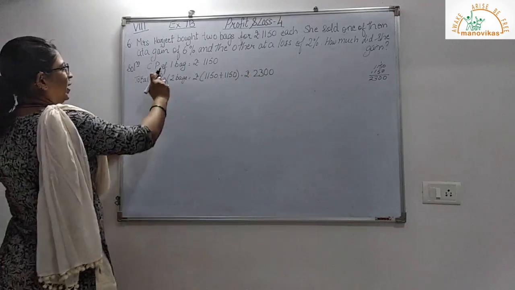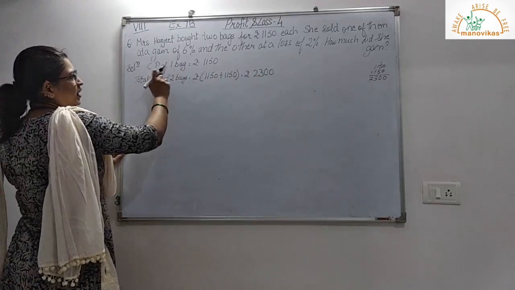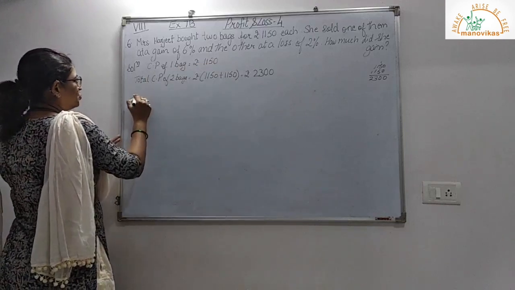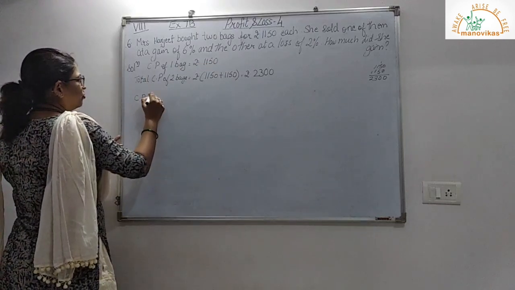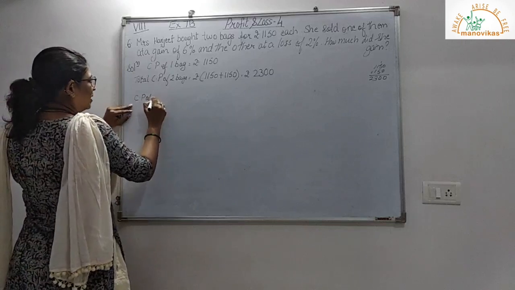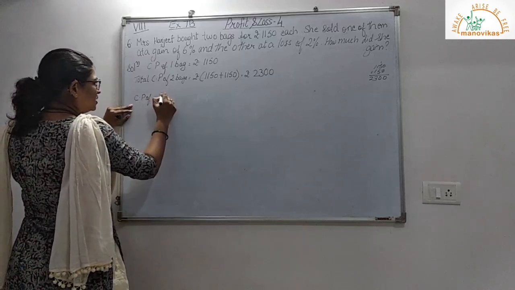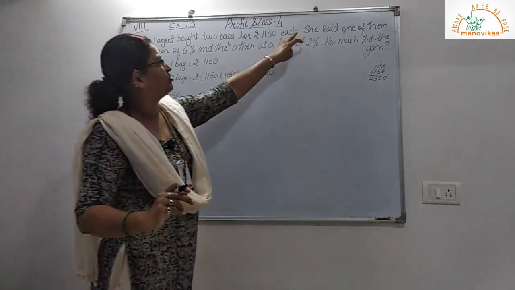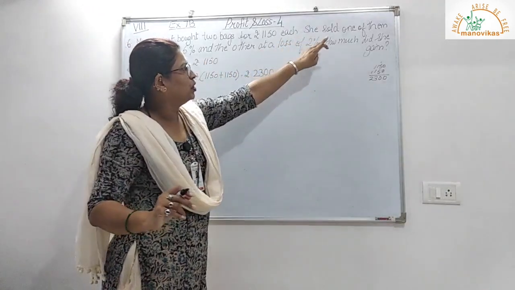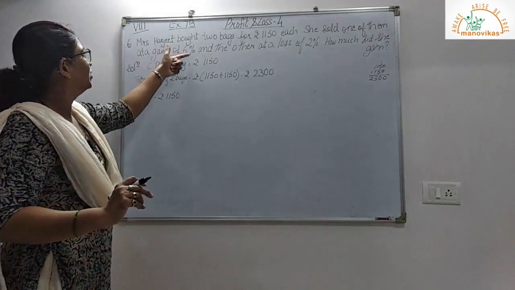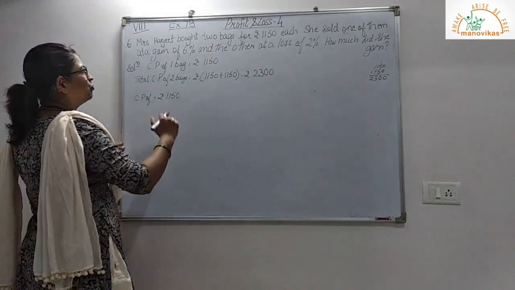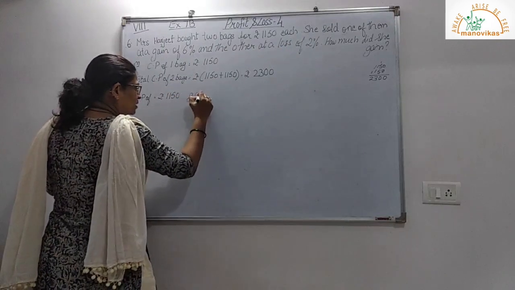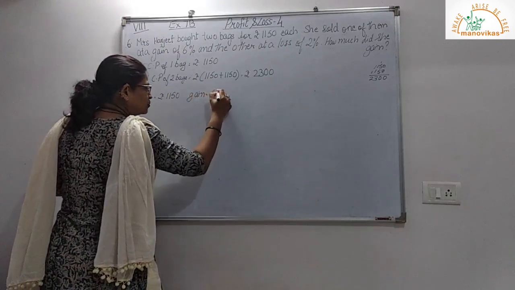Now we know that each bag's cost price is 1150, right? So cost price of one bag is equal to rupees 1150. And what they have said about the first bag: she sold one of them at a gain of 6%. So gain is 6%.